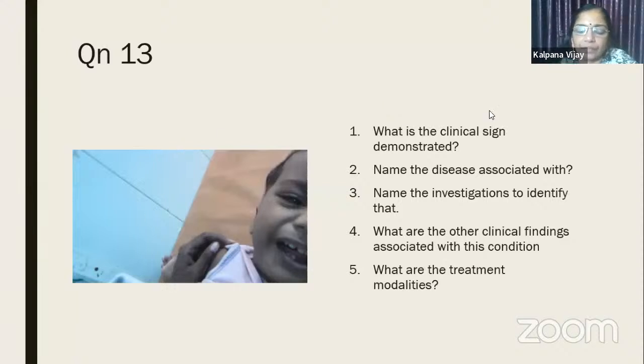And what are the treatment modalities? What is the drug of choice that is mentioned? Before IVIG?